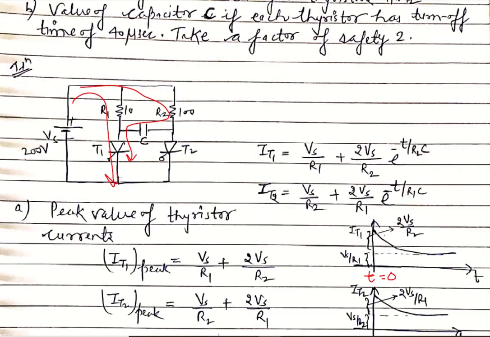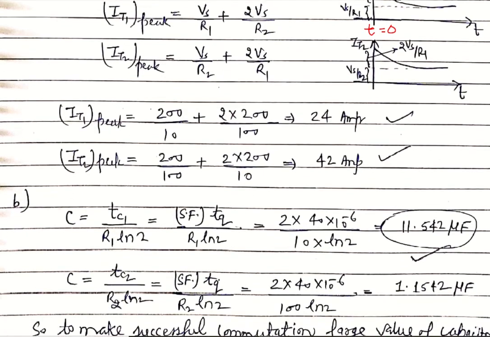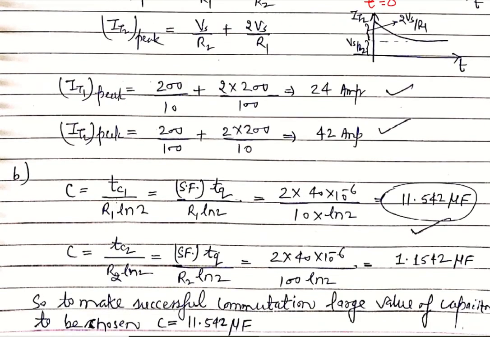In the calculation of this capacitor, we apply the formula tc1 divided by R1 ln 2. See the previous lecture, where you can easily recall how this formula is derived. tc1 equals safety factor into tq, so C equals safety factor times tq divided by R1 ln 2. We put the safety factor equal to 2 as given in the problem, 40 microsecond, the turn off time of the device, and R1 equal to 10 ohm. If you calculate with ln 2, it will be 11.542 microfarad.